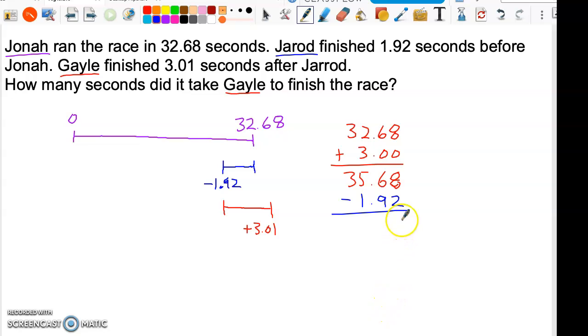So 8 minus 2 is 6. 6 minus 9, I have to borrow. 16 minus 9 is 7. And I have 3. So 33.76 would be when she finished.